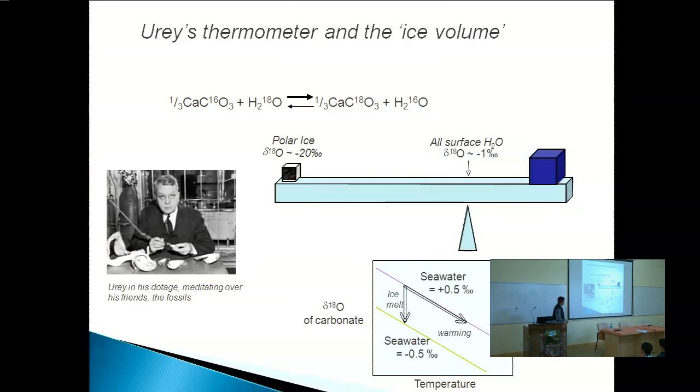So now there is a relationship between temperature and the carbonate, but you must think in your mind that the composition of the seawater plays an important role in driving the composition of the carbonate. That was a big puzzle: how was the seawater varying? So he solved this puzzle assuming the seawater to be constant and trying to infer the temperature based on the variability of the ratio in the sample.